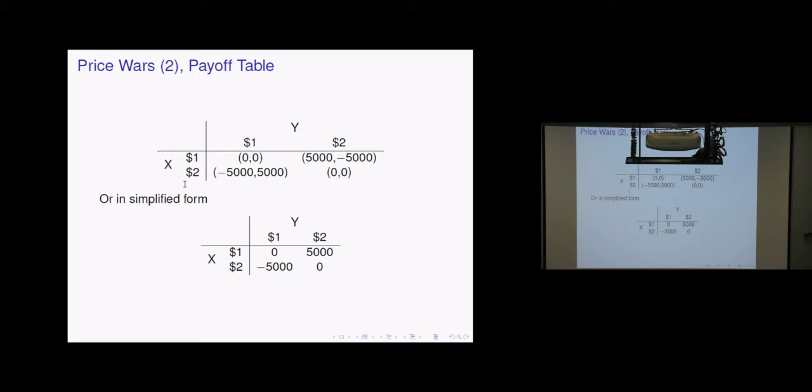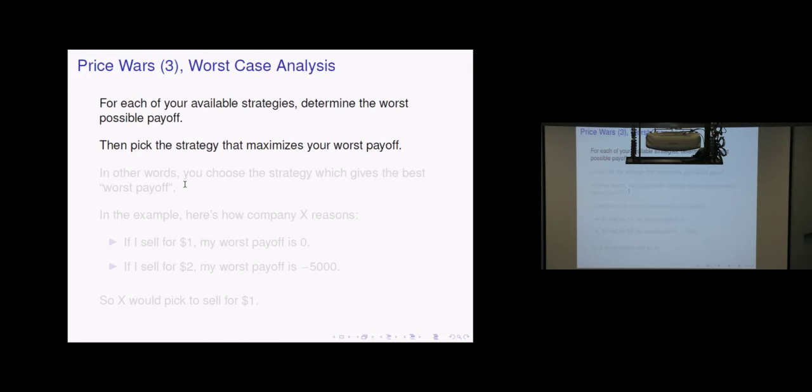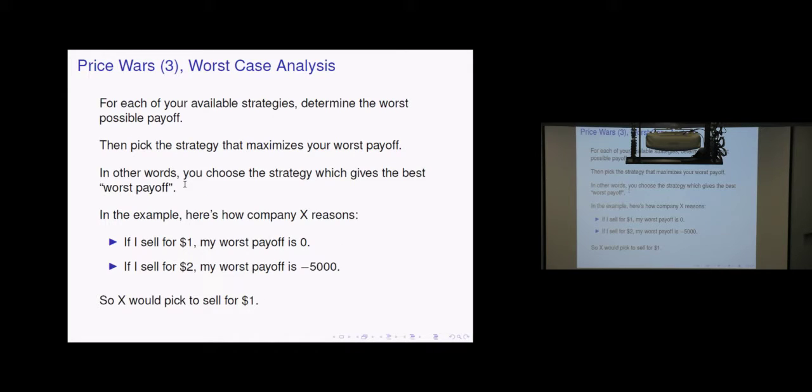So I have two strategies, I analyze, and I get two worst possible payoffs. One is 0, the other one is minus 5,000. Then player one will choose the strategy which maximizes the worst payoff, so we get 0. So X will choose $1. So X will pick to sell for $1.